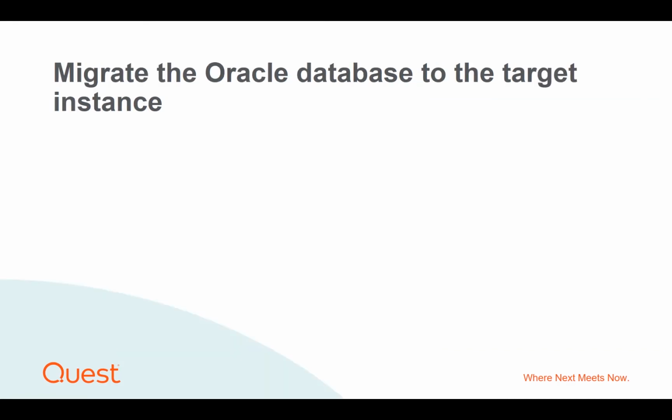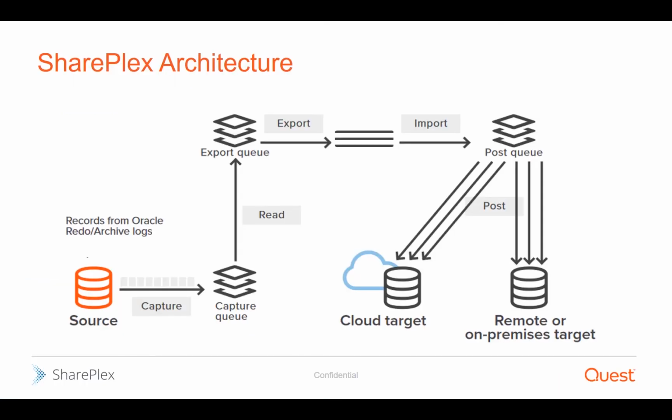So the next bit that I wanted to go through is just a bit more detail about this migration process. The software we're talking about here is called SharePlex, and the architecture is really to look at a source database and grab the information from the redo logs about what's changing in that database.